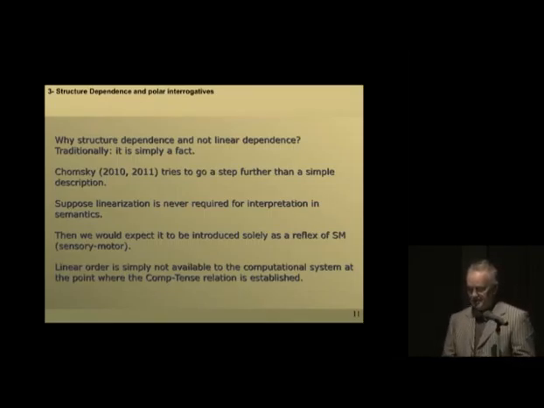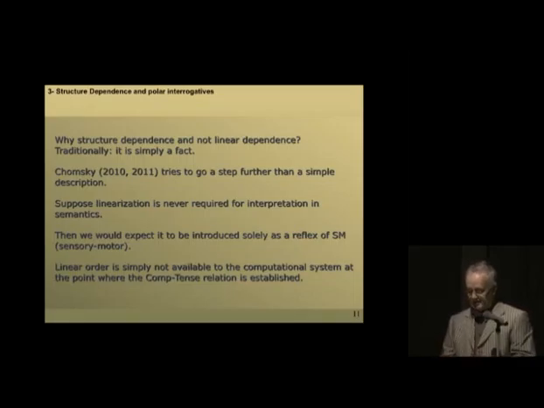So why structure dependence and not linear dependence? Well, traditionally it was simply said, well, it's a fact. We see that, and we just put it in UG. Okay. Now, Chomsky recently has tried to go a bit further than that, and to say that we can maybe go beyond a simple description here. He says, suppose linearization is never required for interpretation in semantics.